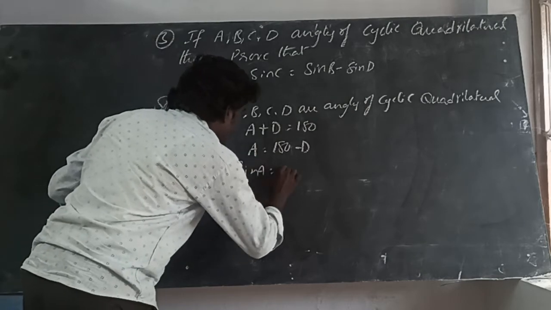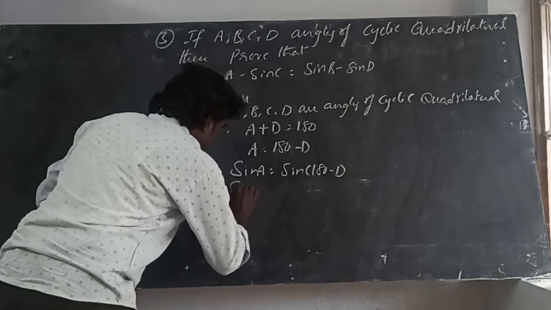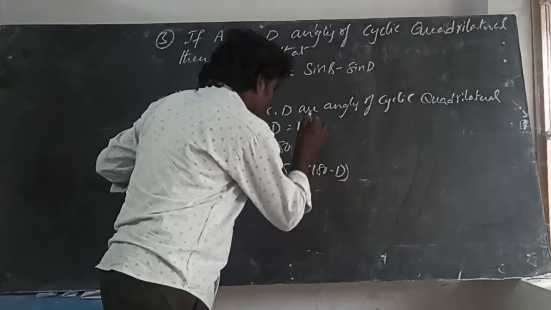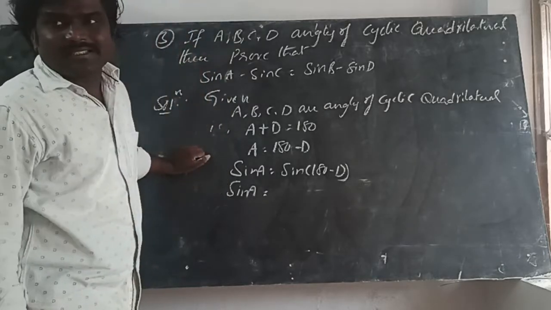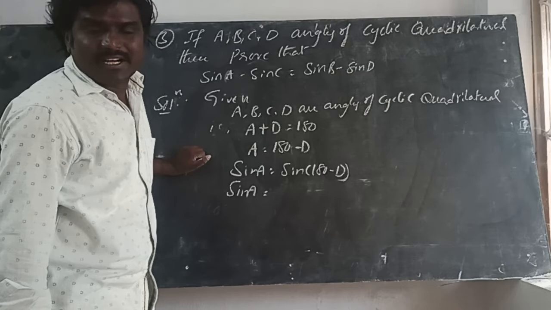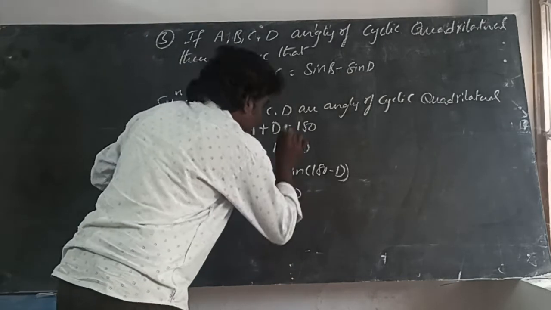Sin A is equal to sin of 180 minus D. So sin of 180 minus theta is in the second quadrant. In the second quadrant the sign is positive. Sin and cosecant both are positive. So that is sin A is equal to sin D.